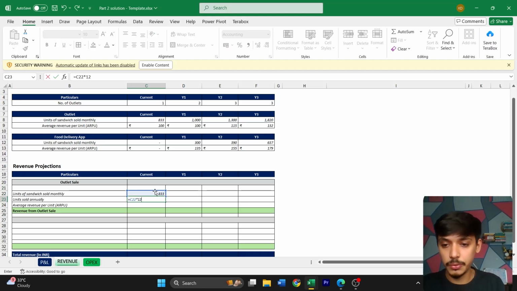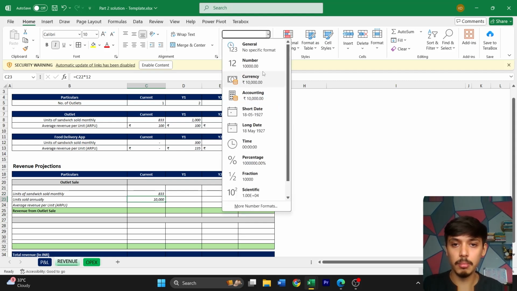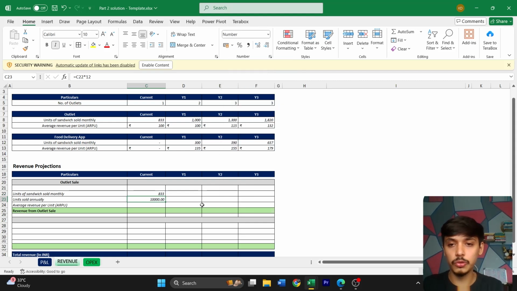So we took C22 as our cell, multiplied by 12, and we got 10,000. This is not rupees, so we have to convert this. You can go over here, manually select number from here, and then to give commas, you can select this comma button and do it this way. So that way you got 10,000 units sold on the yearly basis.